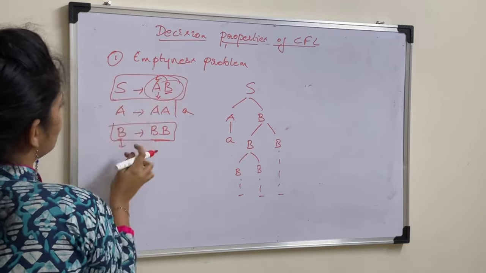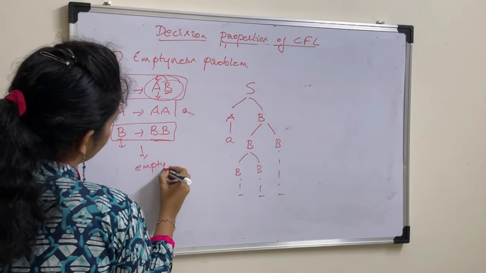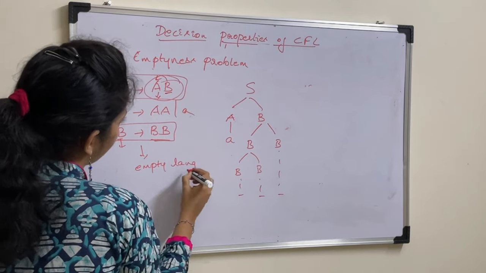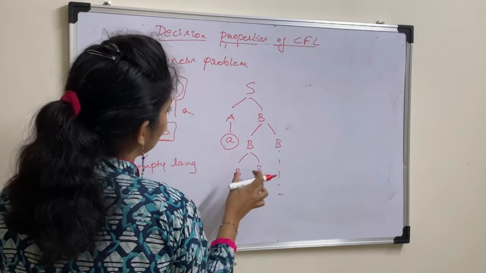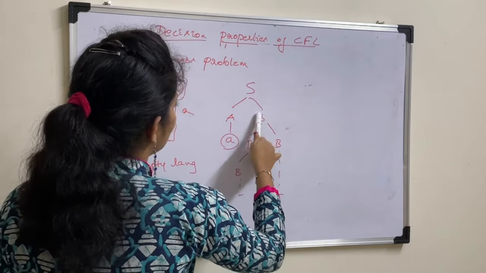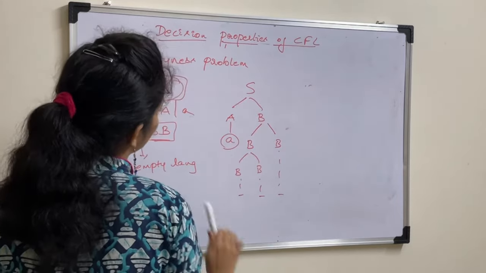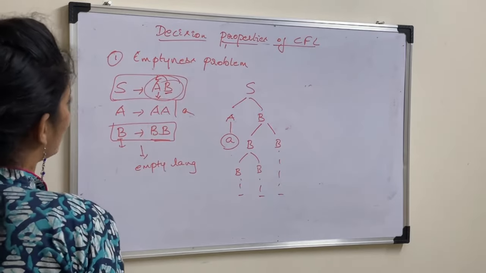So now this grammar generates an empty language. Even though A produces a terminal, as we are unable to produce terminals from the non-terminal associated with A, this grammar generates an empty language.